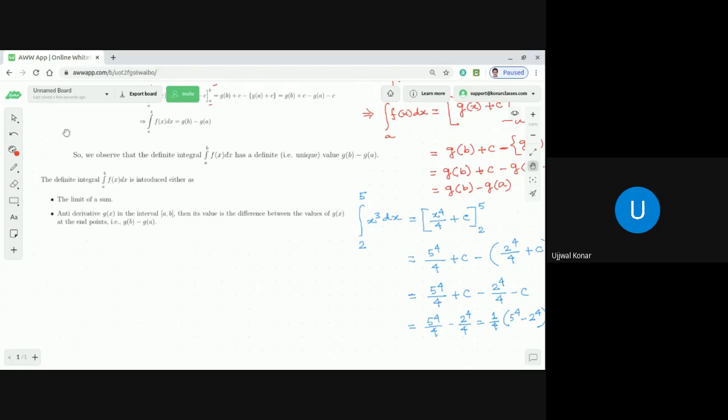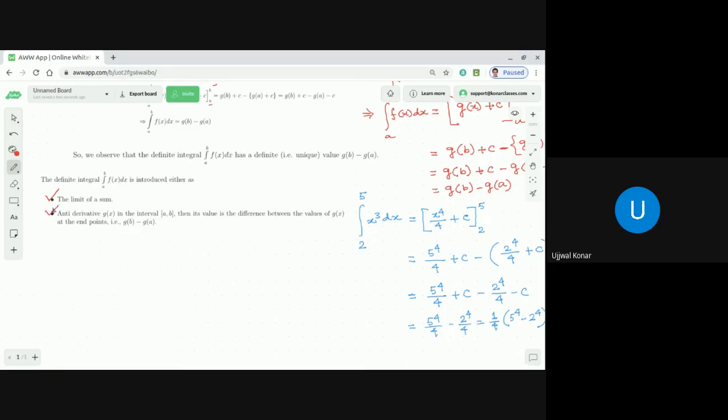That limit of a sum we will see later, as I said a minute back. We will discuss it once we have a good understanding of limit and sequence and series. Or as an antiderivative g(x) in the interval a to b, then its value is the difference between the values of g(x) at the endpoints, g(b) minus g(a).